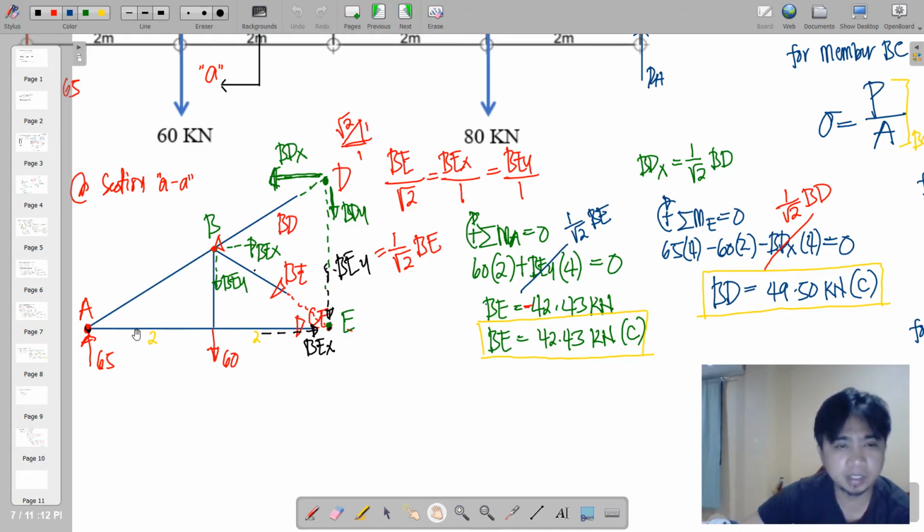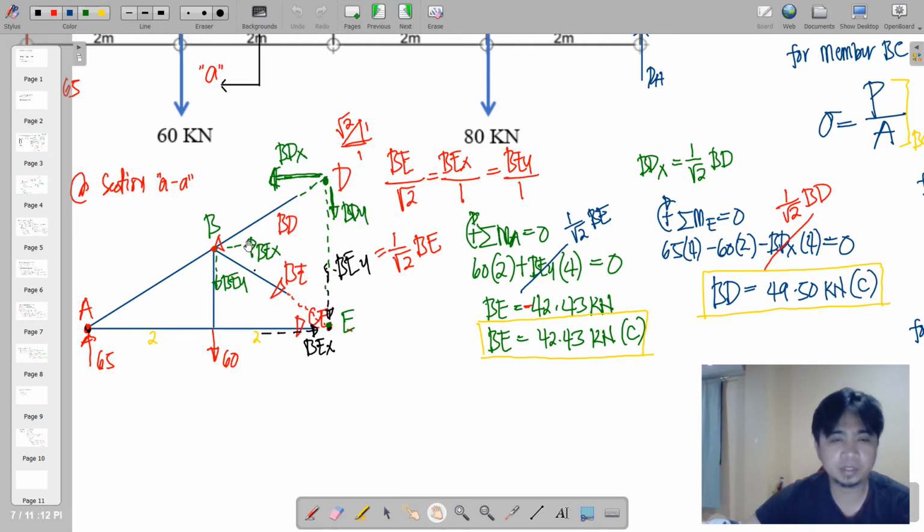So CE and BD are intersected through moments at point A, so that the remaining unknown force here would be only BE. So this time, I'm going to intersect CE as well as BE, so that we will have the unknown BD.